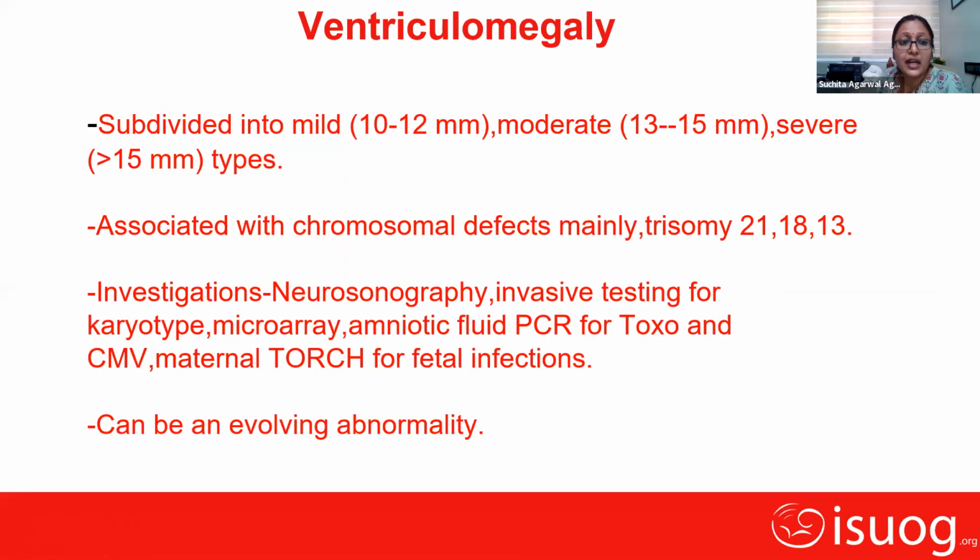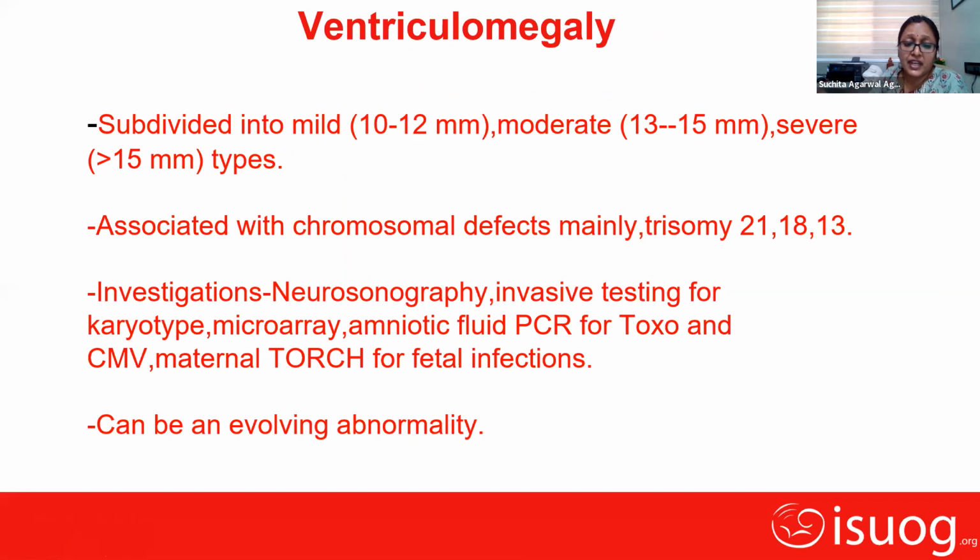A little theory regarding ventriculomegaly, as it is a very common scenario in our setting. It is subdivided into mild, 10 to 12 millimeter, moderate, 13 to 15 millimeter, and severe, more than 15 millimeter. It is associated with many chromosomal defects, mainly trisomy 21, 18, 13.